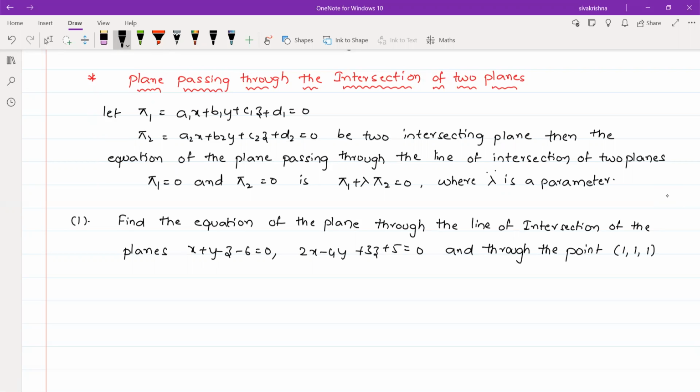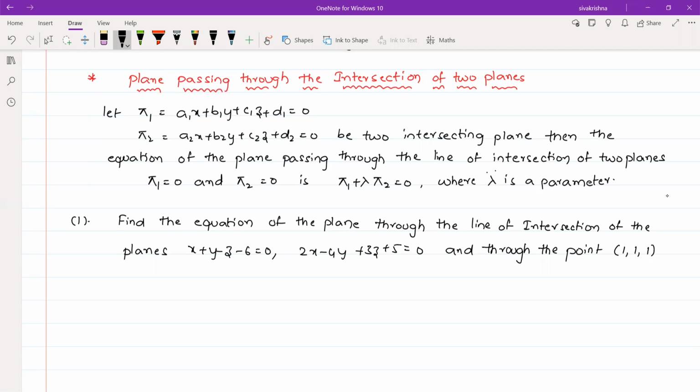In this problem we have to find the equation of the plane passing through the intersection of these two planes, and that plane also passes through the point 1, 1, 1. By the above definition, we are going to find the equation of the plane.